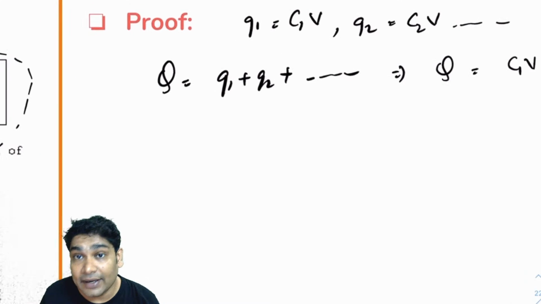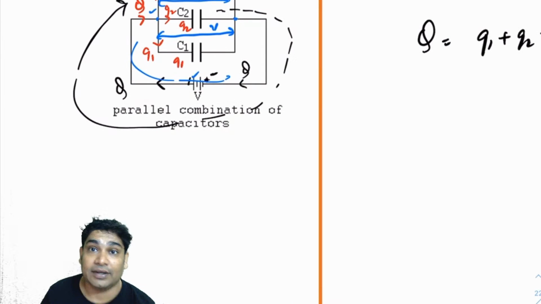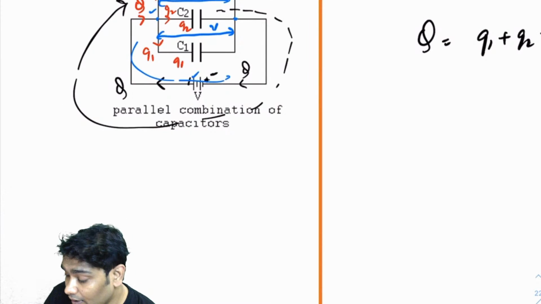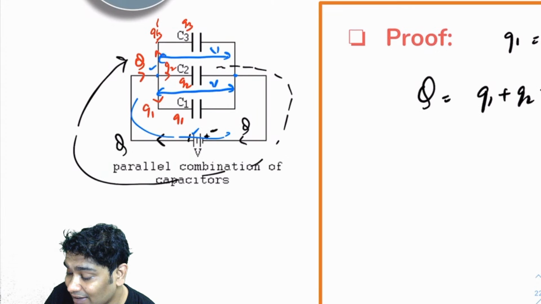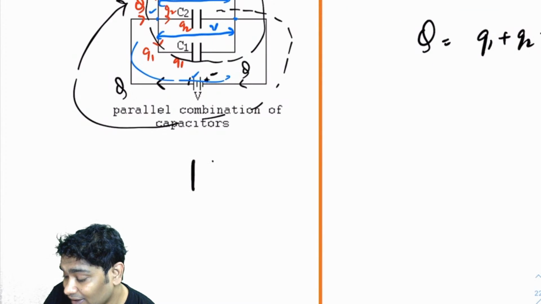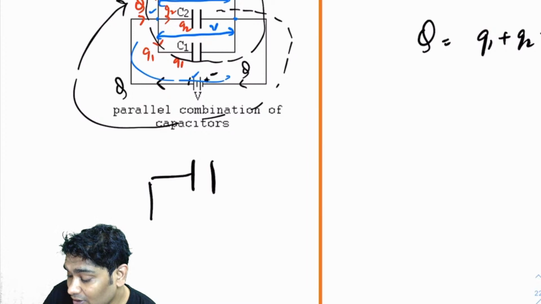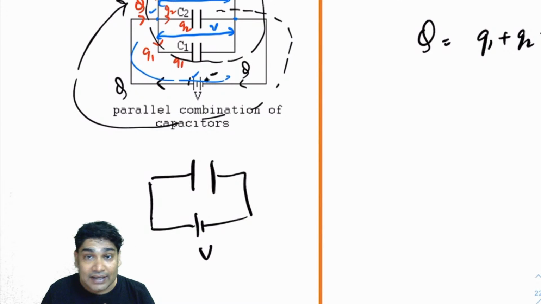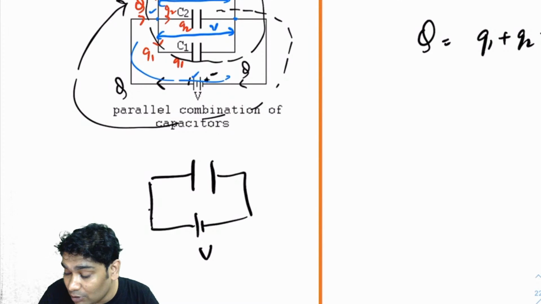Next, let us also talk about the equivalent circuit. I told you when you replace this entire circuit with one equivalent capacitance, then you can redraw this circuit as this. Just replace all these capacitors with a single capacitor. And with the same V volt battery, it should be able to draw the same amount of charge.